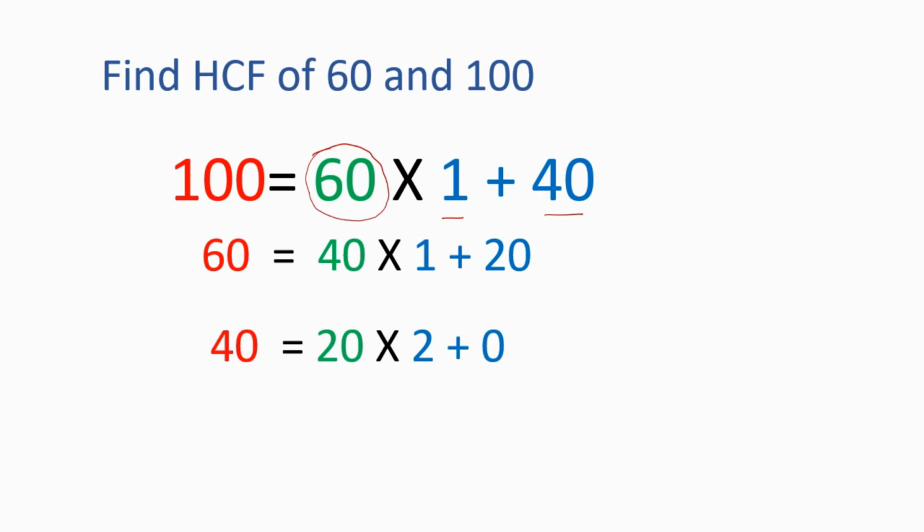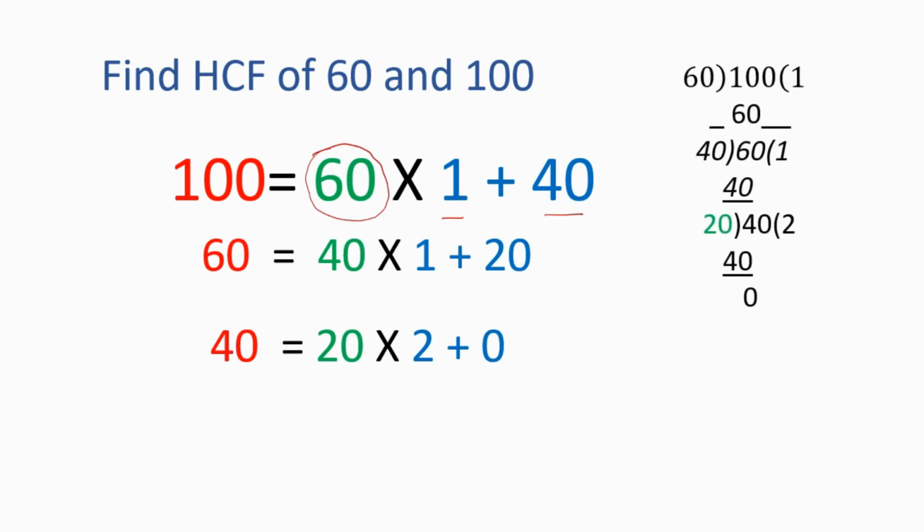I'll show you the normal method, how we used to do this division. Now you can understand, 60 ones are 60, and we are going to have 40 as the remainder, and again we bring this 60 here. That's what we did here. 40 ones are 40, so we are going to have 20 as a remainder. Again we bring 40 here. 20 twos are 40.